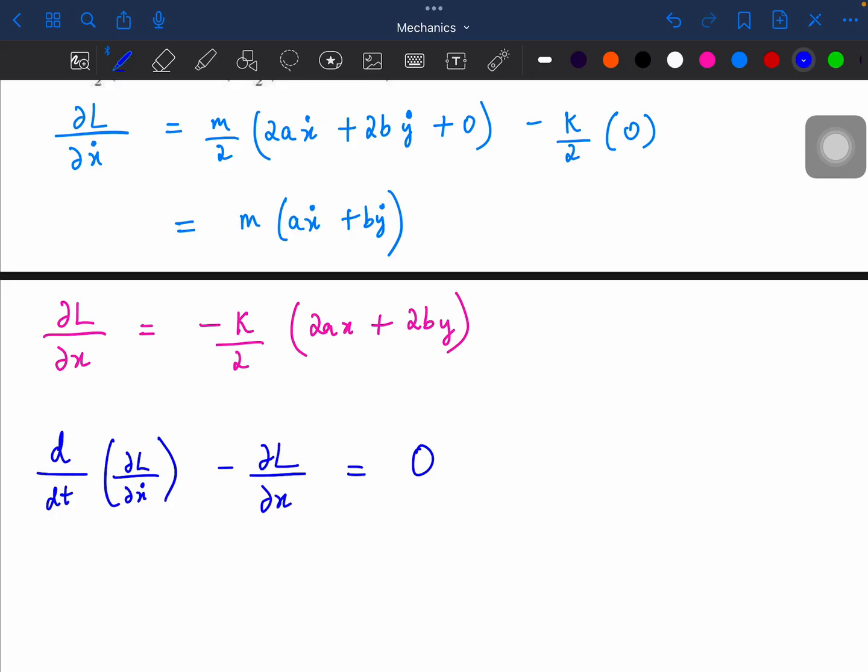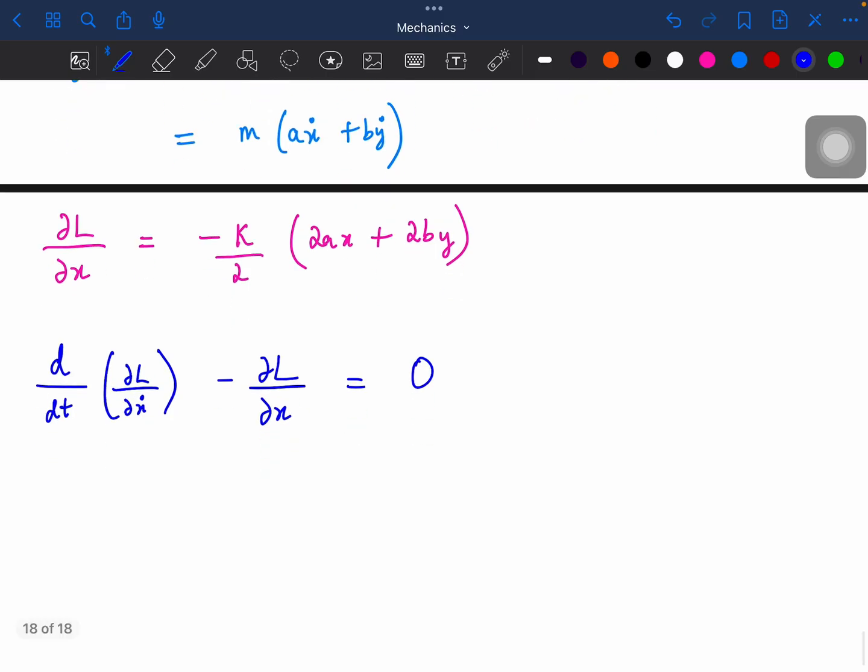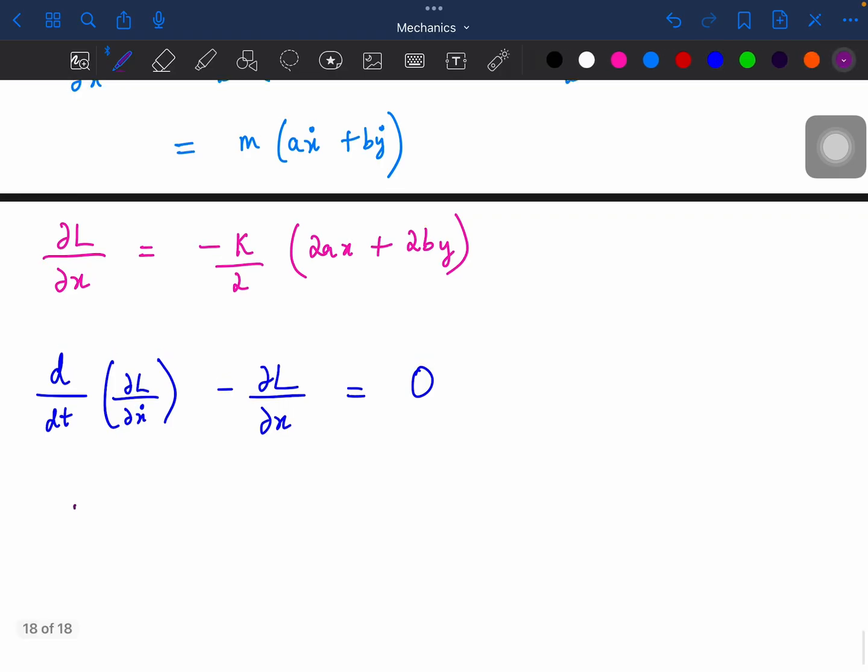So we just have to substitute everything over here. Now what is d/dt of ∂L/∂x dot? This we can easily find to be m into (a x double dot plus b y double dot), and minus k/2 will become plus k/2 into (2ax plus 2by).